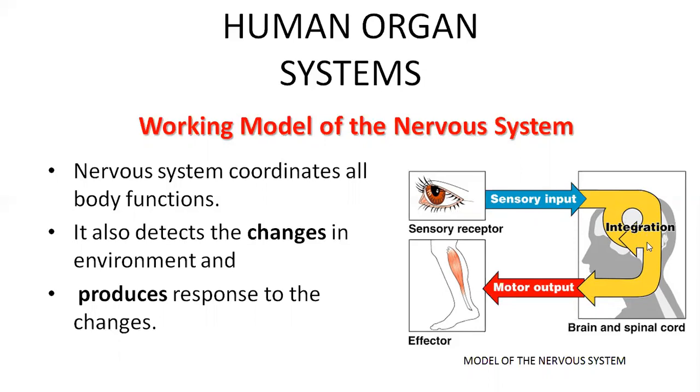Brain and spinal cord study that message, and after that, that message is transmitted through motor neurons in the form of motor output to effectors. And effectors are the organs which actually take action. So this is how our nervous system actually coordinates one single function.